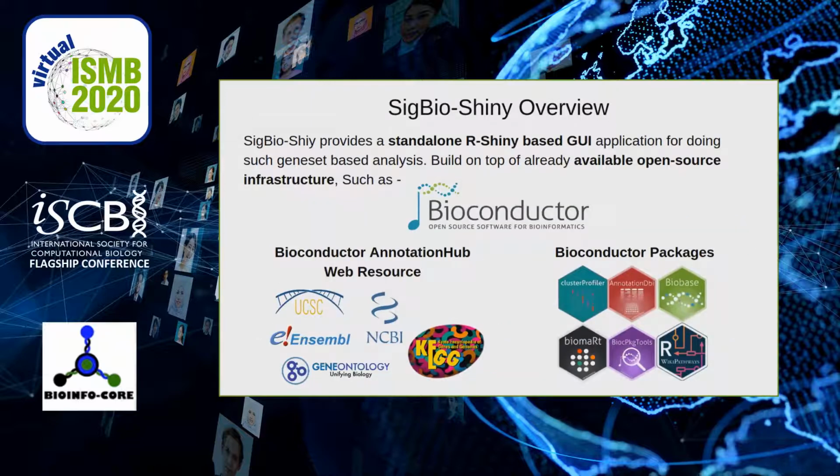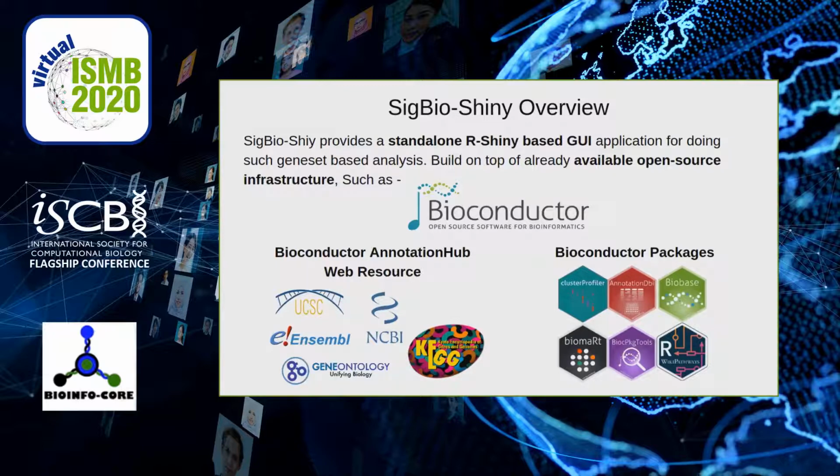So here comes SickBioSigny, and this is completely built upon available open source infrastructure such as Bioconductor. Now this has two components to it. One is Bioconductor's AnnotationHub web resources, and another is Bioconductor packages. So what are Bioconductor AnnotationHub resources? This aggregates different databases into a single module.